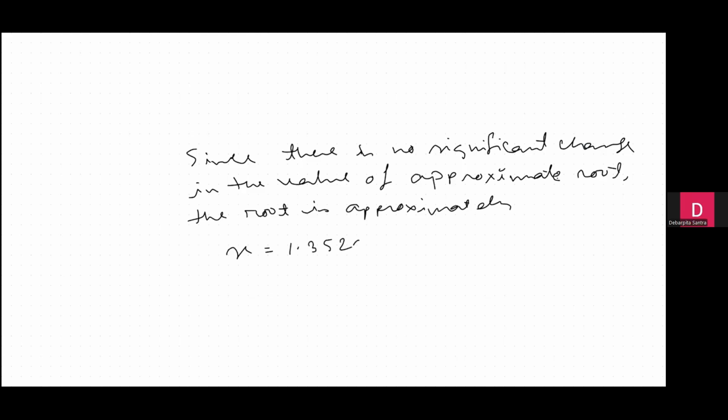So this is our answer. Okay. For the equation x cube minus x minus 2, where the root lies in the interval 1, 2, we find the approximate root as 1.3520. Thank you for your patient hearing.